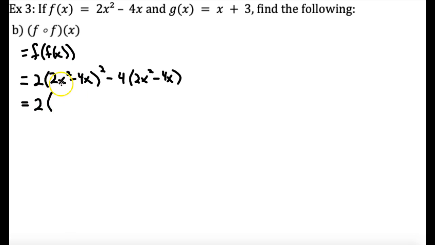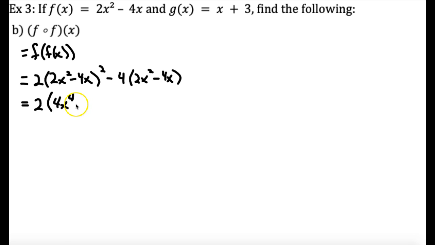So square the first. 2x squared squared is actually going to be 4x to the 4th power, right? 2x squared times 2x squared will get me 4x to the 4th. Then 2 times the product of the 2. So if I multiply these together, I'll get negative 8x cubed.